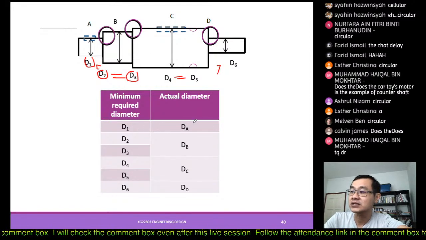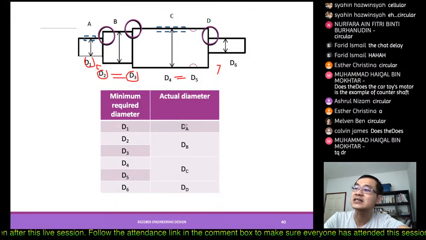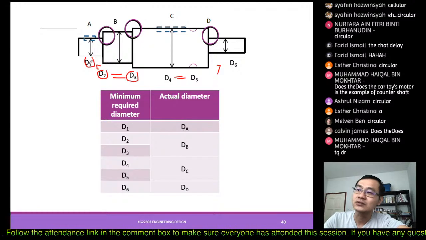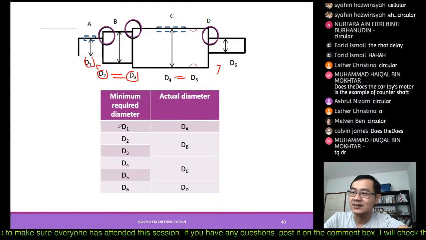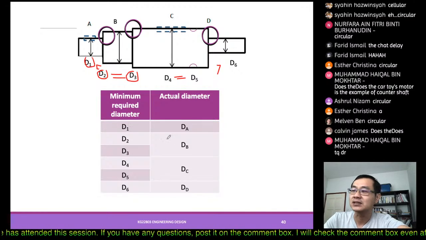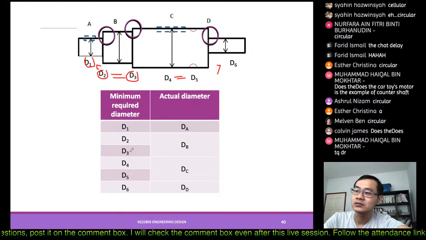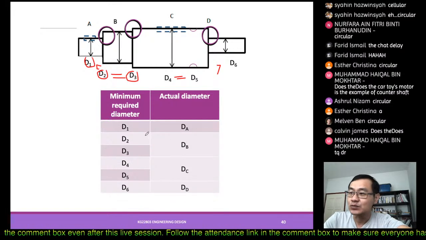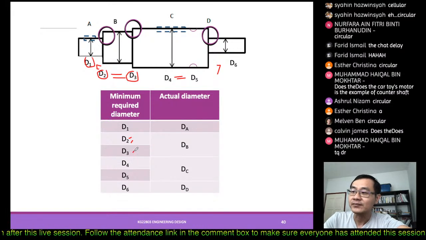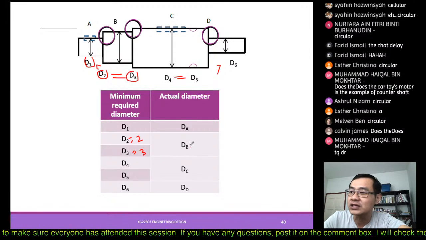So from here you check D1, you may select any value that satisfies D2 greater than D1 and also greater than the minimum required diameter. Then for DB, the part B itself, they must be equal, so just choose between these two which is more suitable. Let's say this D2 we get 2 millimeter and this we get 3, which one should we use for DB?